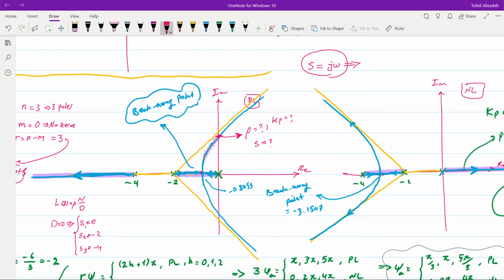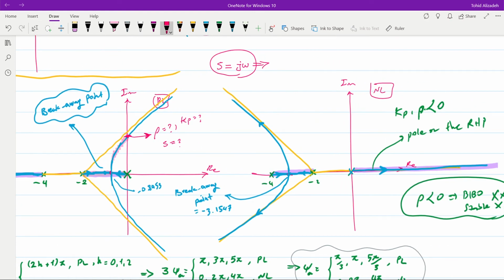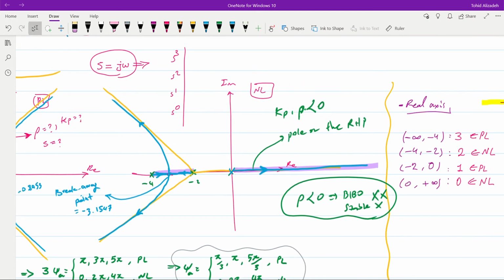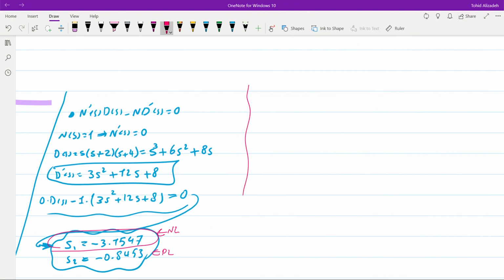The other approach would be to use the Routh-Hurwitz criterion. If we form a table, we have S3, S2, S1, S0. If we form the table, keeping in mind the effect of rho, let me maybe write it over here.